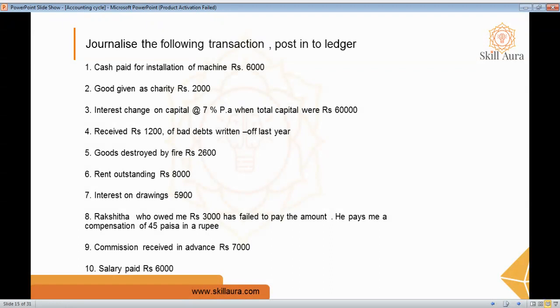The second one is goods given as a charity, that is 2,000 rupees. Here you'll have two accounts, that is expenses account and inventory account. As I told you in the first transaction, you'll have an expenses account where the cash will be credited with 6,000 rupees.